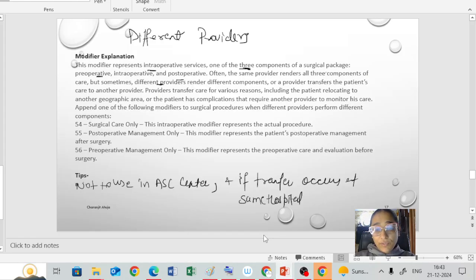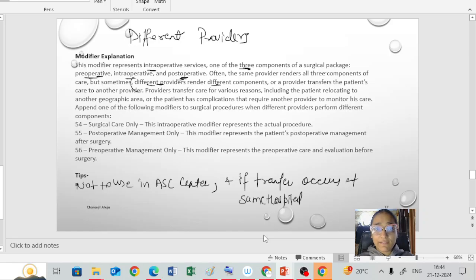The 54, 55, 56 modifiers represent the preoperative, intraoperative and postoperative services. Usually these three services are given by the same provider only. But if they are given by different providers, different providers are handling the different components.